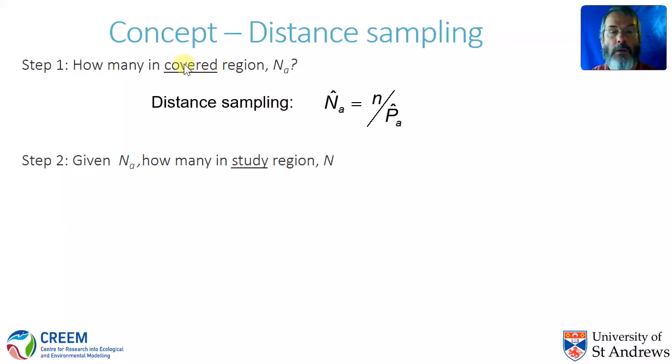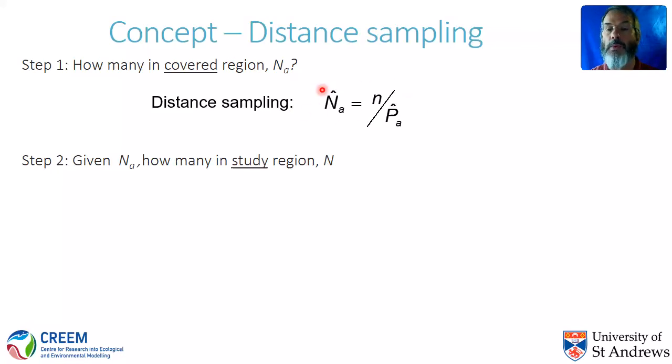Distance sampling still uses this two-step approach to estimate population size. Step 1 is to estimate the size of the population in the area we visited. Once we have an estimate of the number of individuals in the area that we visited, we extrapolate that to the entire study area.